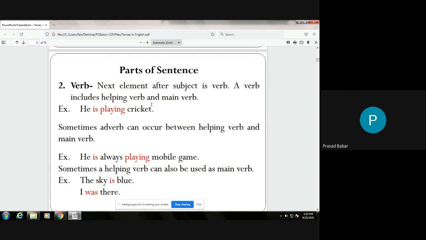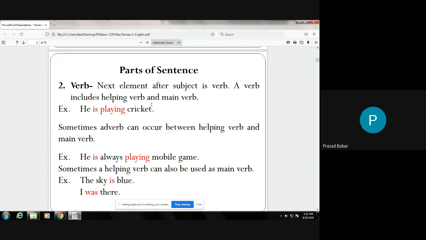So always here came as an adverb. Okay, so sometimes we use an adverb in between a helping verb and a main verb. So let's see the next, that is, sometimes a helping verb can also be used as a main verb.